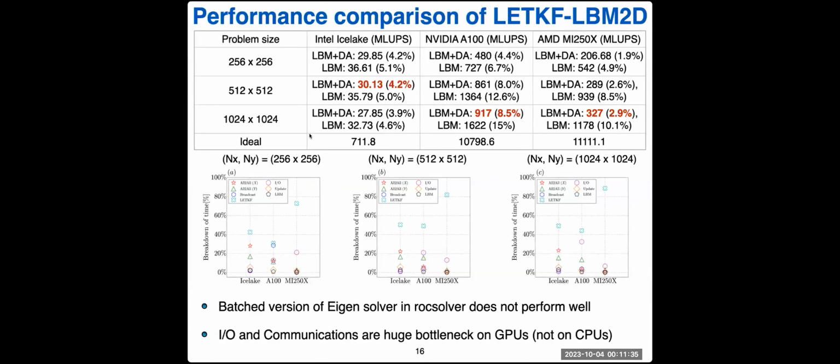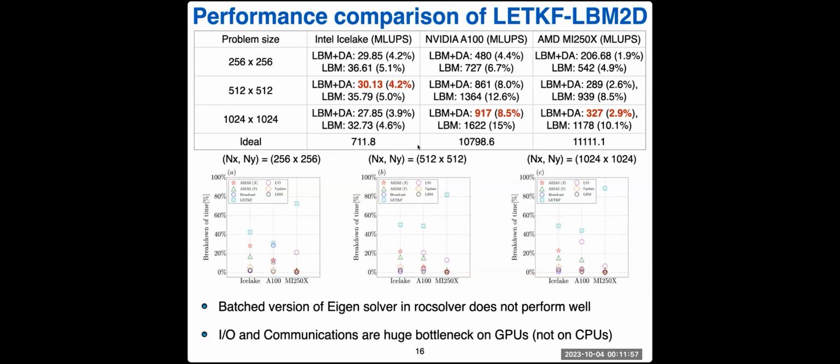This slide shows the performance of the LETKF LBM2D solver for different problem sizes. As you can see at the bottom, there's the ideal performance of 2D LBM in MLUPS, which is the theoretical performance that can be achieved for the very simple case.